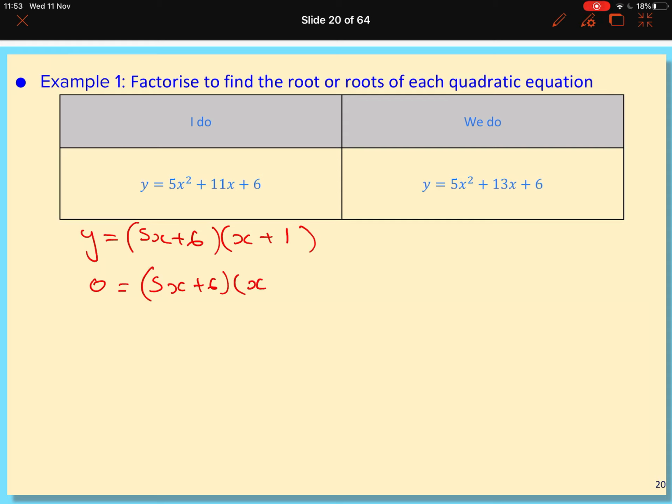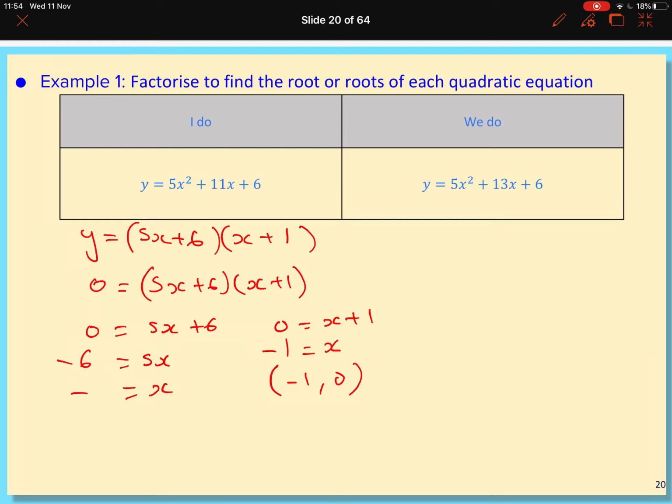So when we factorized it, it gave us this answer. And now we're going to make y equal 0 to find out the roots of the graph. So 0 equals 5x plus 6, and 0 equals x plus 1.